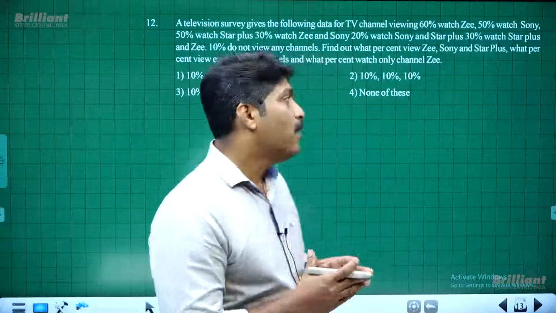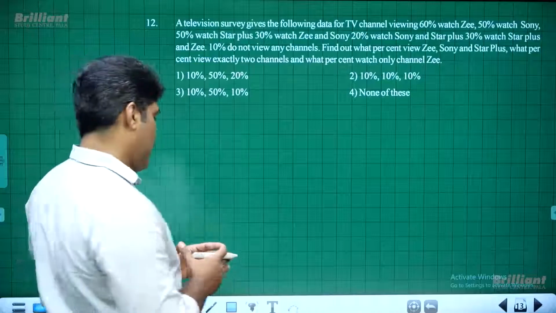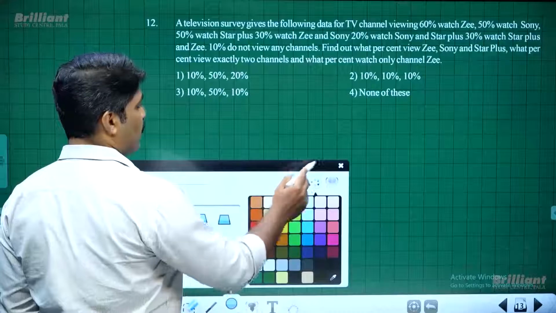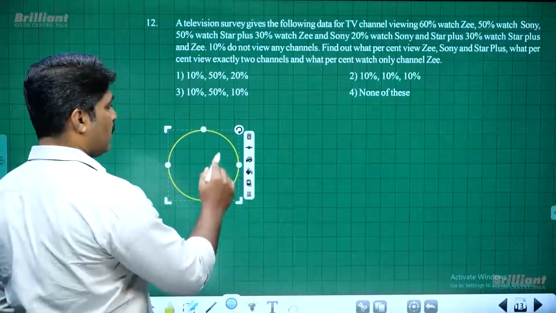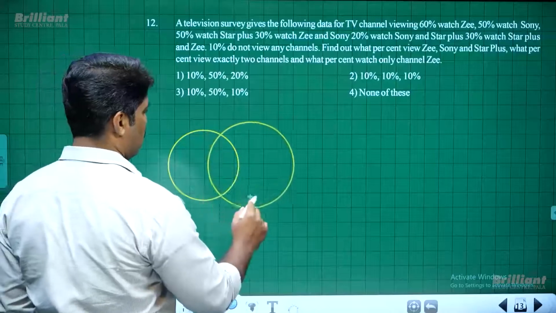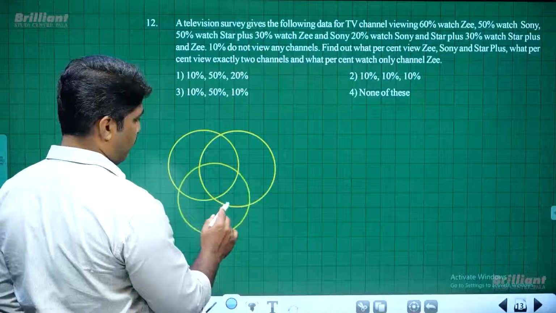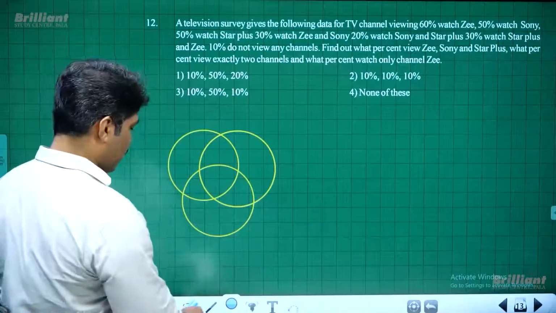Here we have 3 sets. So how can we express them? We just consider 3 sets like this. Here, these circles are representing the 3 sets.